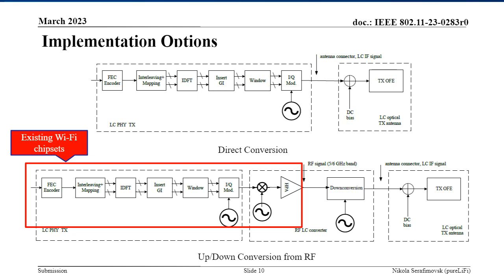The second approach uses the up and down conversion approach that was mentioned, which is effectively to take existing Wi-Fi chipsets and just do a down conversion before sending that signal into the optical light antenna. This is really simple because you have a very large availability of devices that you can use as a baseline to create a Li-Fi system.